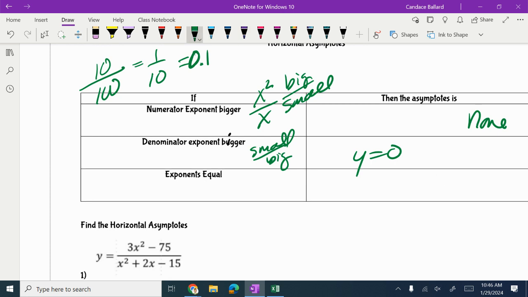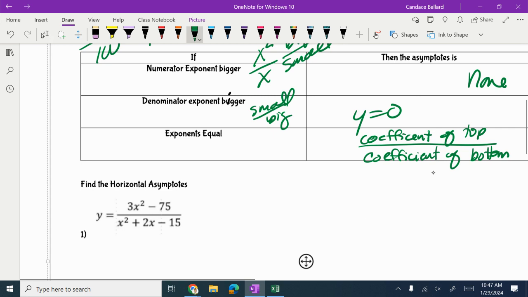If my exponents are equal, it is the coefficient of the numerator, which I'm just going to call top, over the coefficient of the denominator, which I'm going to call bottom because those are easier to spell.